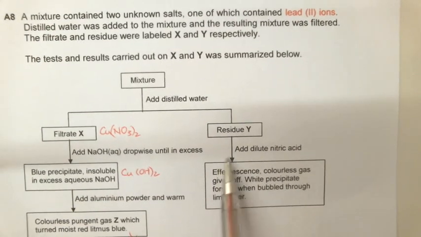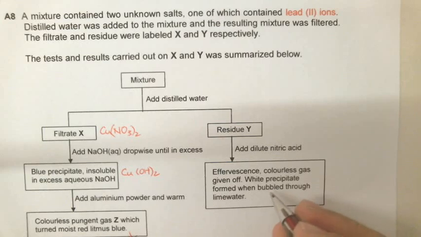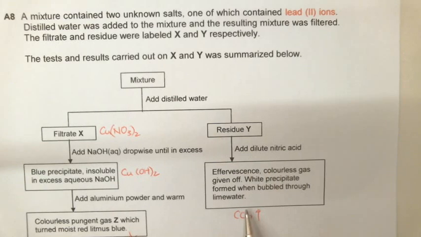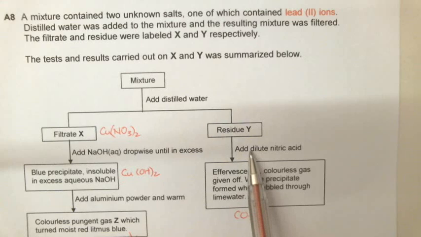What clue can we get over here? Does this mean that carbon dioxide was produced? And you can remember, what type of salt will produce carbon dioxide when you add an acid to it? Isn't it a carbonate or bicarbonate?